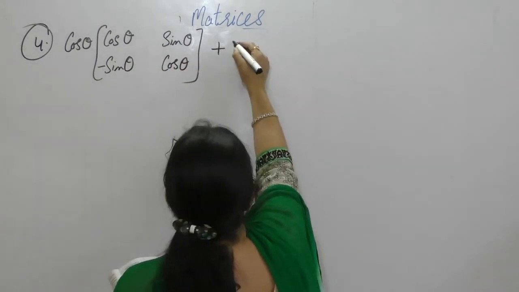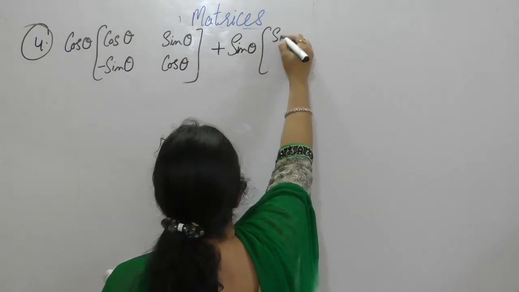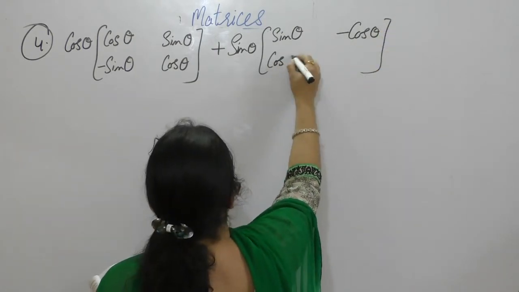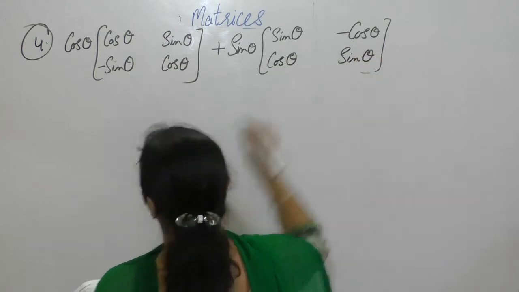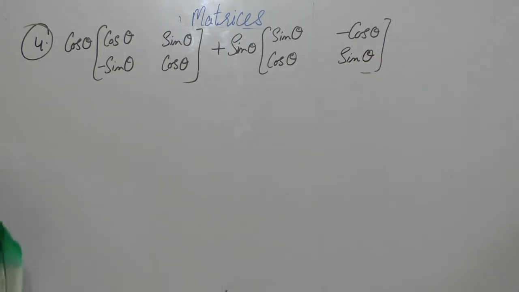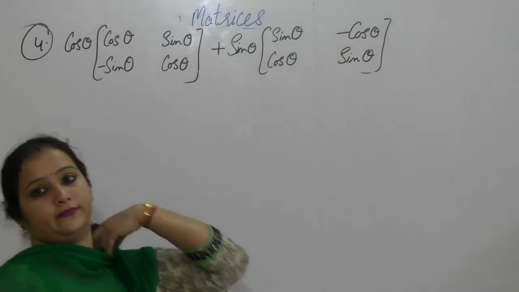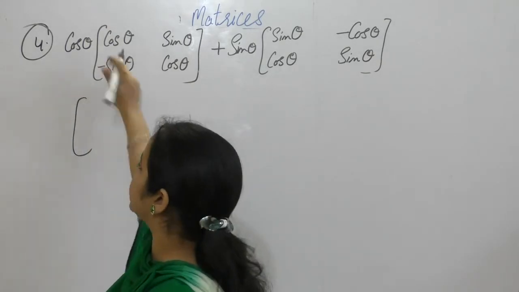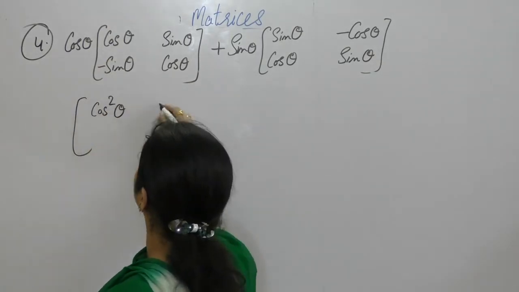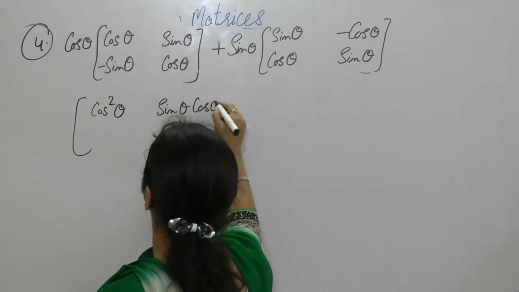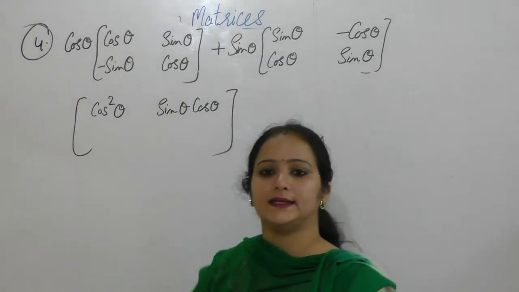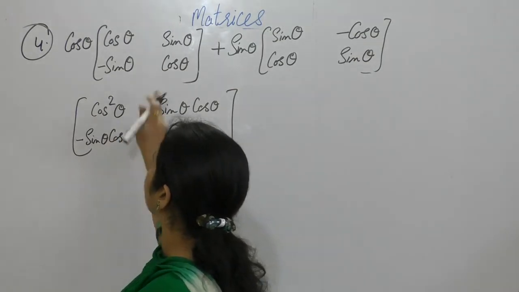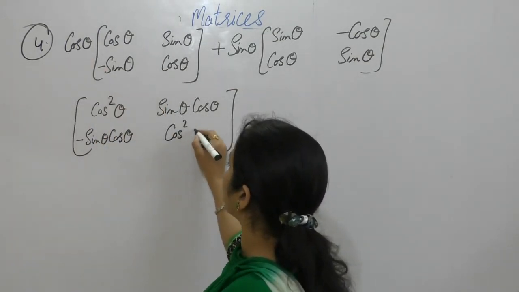Plus sin theta into sin theta, minus cos theta, cos theta, sin theta. First, what we have to do is multiply this term by cos theta, all the elements: cos into cos, cos square theta, sin theta cos theta, minus sin theta into cos theta, minus sin theta cos theta, cos into cos, cos square theta.